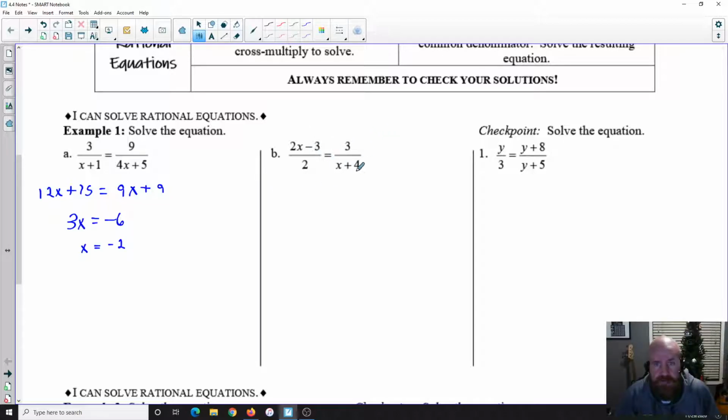Another one, we have two fractions equaling each other, so we can go ahead and cross multiply, and you can do it in any order. So 3 times 2, and then 2x minus 3 times x plus 4. Let's write that step out so everybody can see it.